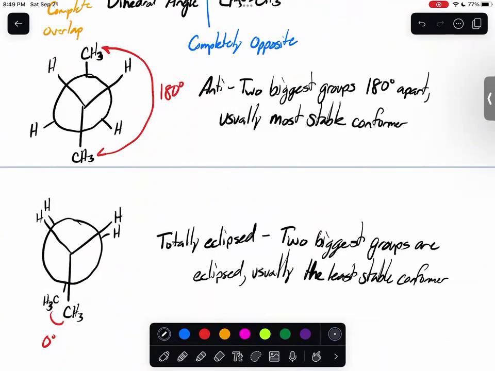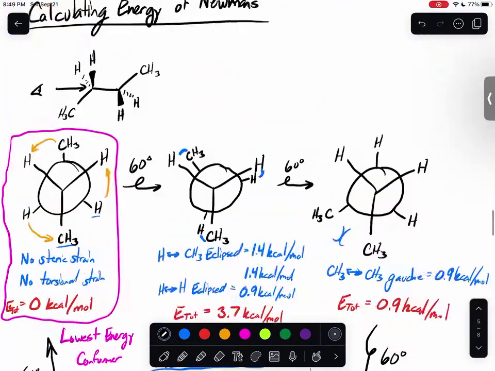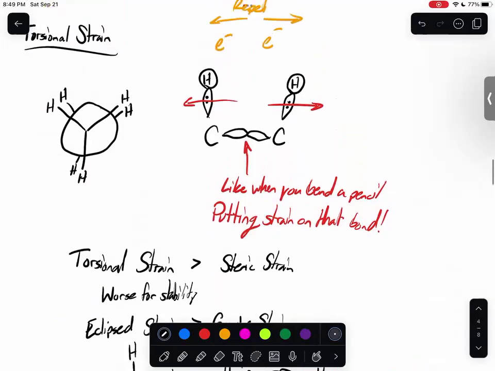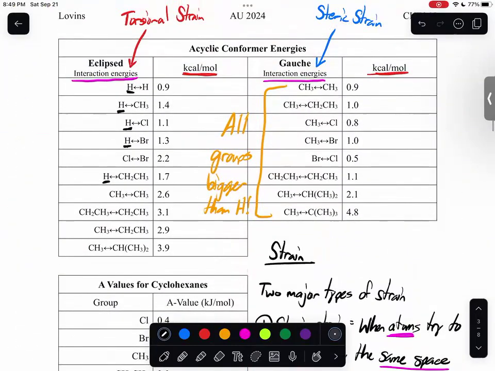Now, with that being said, this is about everything that you need to know about what Newman projections are showing us. In the next lecture, we're going to go through some problems and talk about drawing more complex Newman projections, because for this lecture, we were really just focusing on what this chart means in terms of everything here.